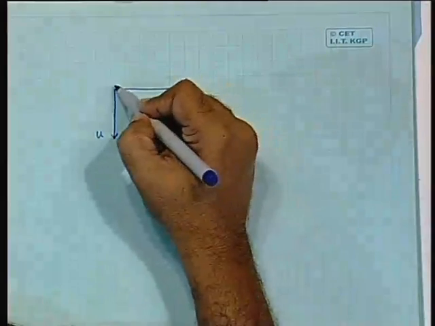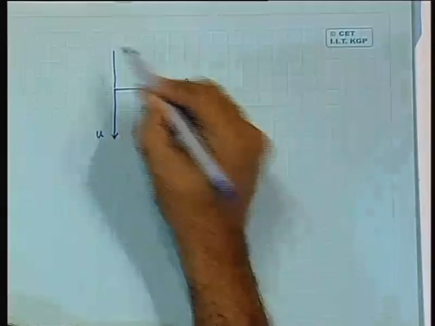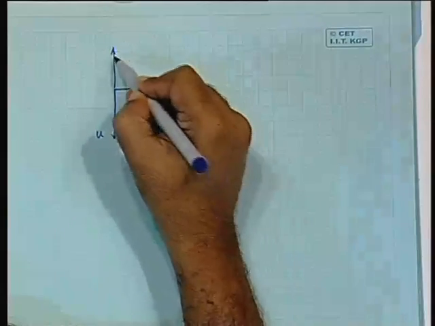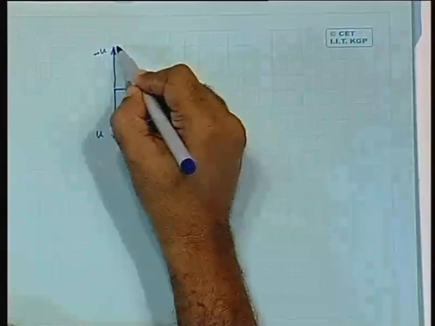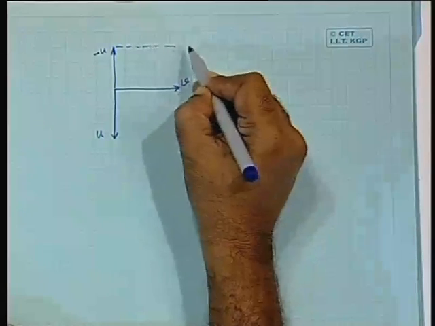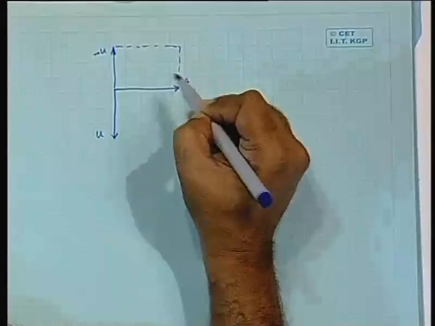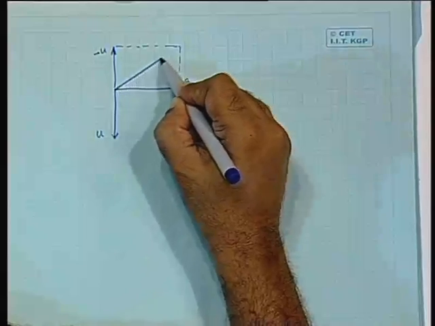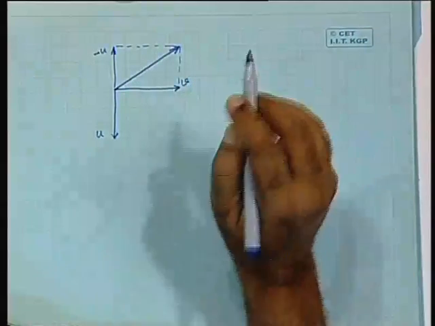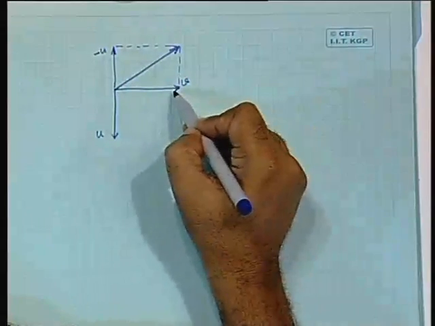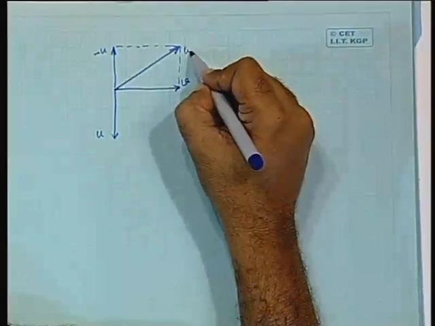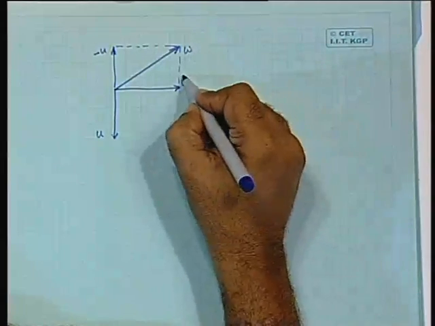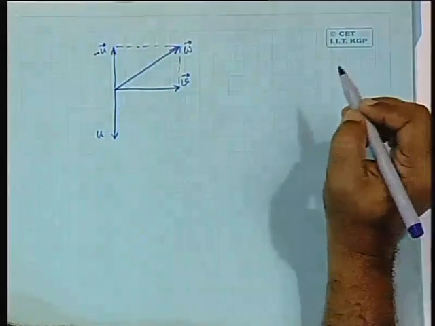As a result, we will construct the parallelogram like this, minus u. In the last picture we drew a general picture, but now we are referring specifically to the wind turbine in which these two vectors are orthogonal. You have the w here, okay. So these vectors added together give the w, or the relative wind vector.